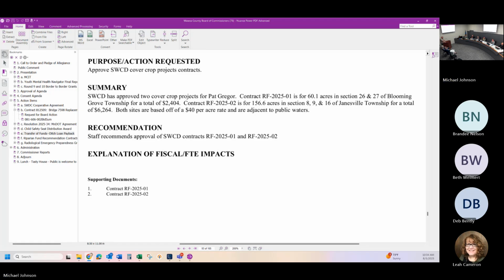So you say they changed their policy. But we're the ones that okay the spending of those dollars. The policy that they have is an internal policy between staff and their board to say, this is what qualifies for us as a SWCD board to bring forward to the Board of Commissioners.